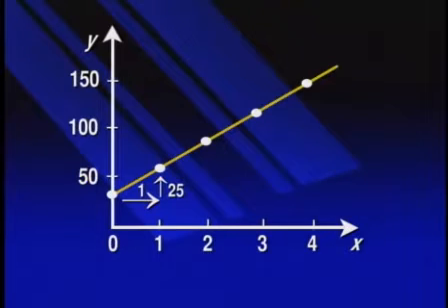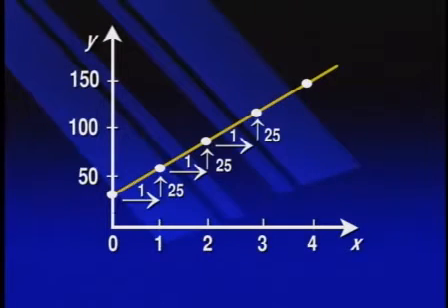Again, from the second point to the third point, we cover a horizontal distance of 1 unit, and then we go up to the third point and we go upward by 25 units, and so on until the last point. We have between 3 and 4 a horizontal change or move of 1 unit from left to right, and upward to the last point 25 units.